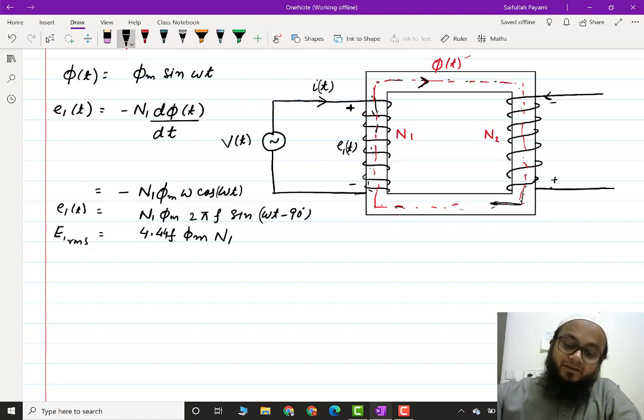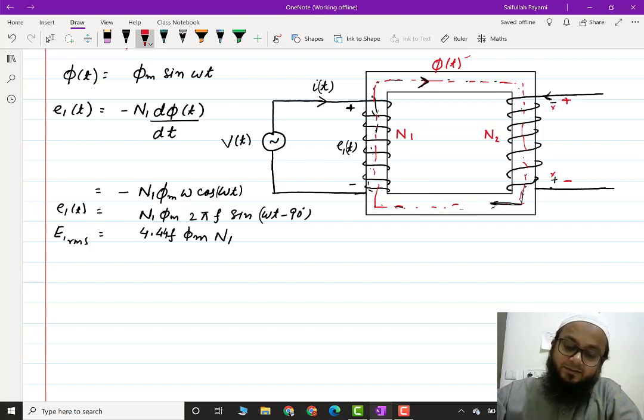If this is the case, it will actually assist the previous flux. So this won't be the direction; this is the wrong direction. The actual direction would be plus here and minus here.